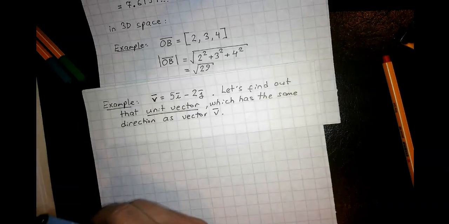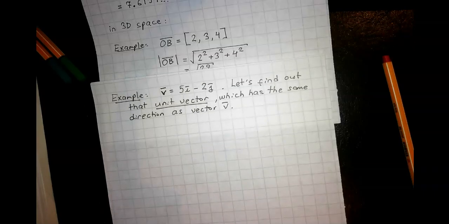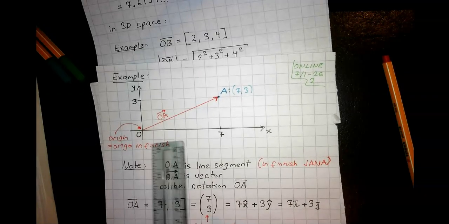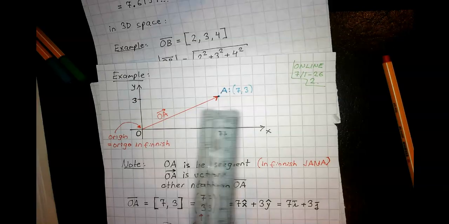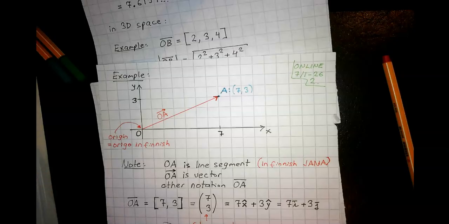What does that mean? I will draw. Mostly we don't have to draw when we are calculating with vectors. We mostly do not need to draw an exact picture. For example, here I took my time to get some kind of good picture of this vector OA, so that we could see where that is located.